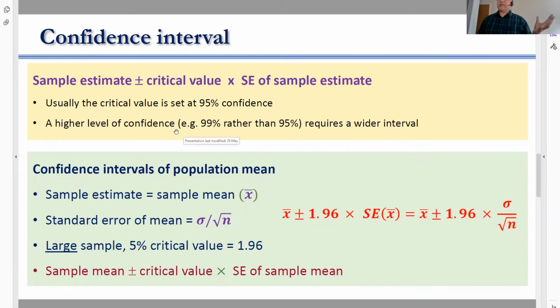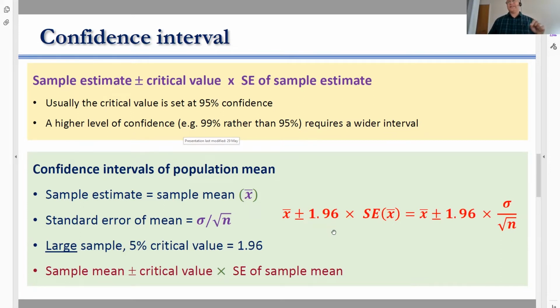Just like the standard error of the mean, there is also a formula for calculating confidence intervals. For any sample estimate, you take the sample estimate, then add and subtract the standard error of that estimate multiplied by the critical value. For example, in this particular case, we know the sample mean, we have just calculated the standard error of that mean, and then we multiply with 1.96.